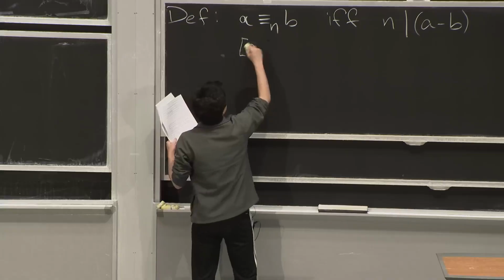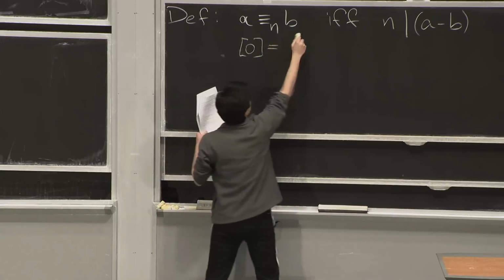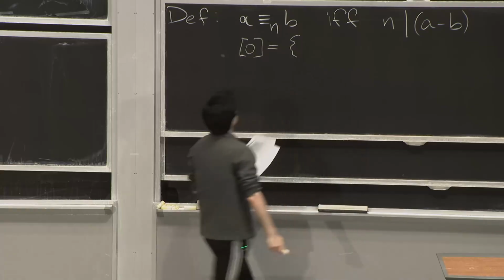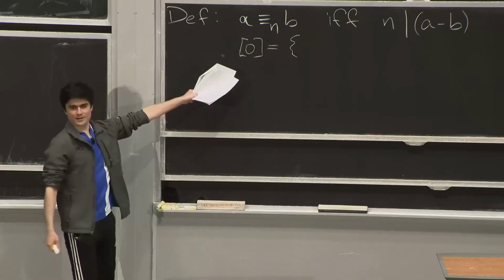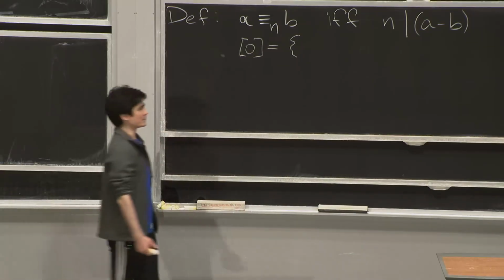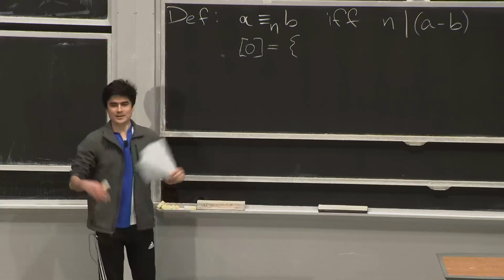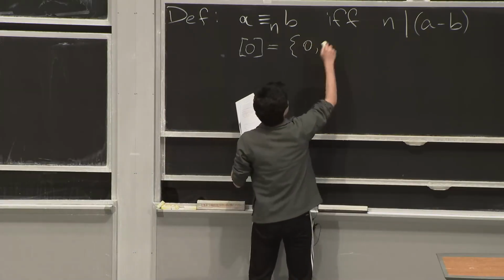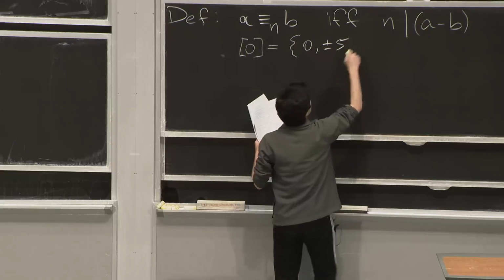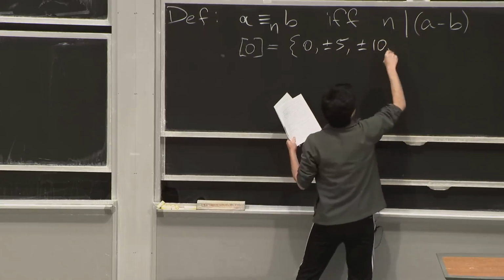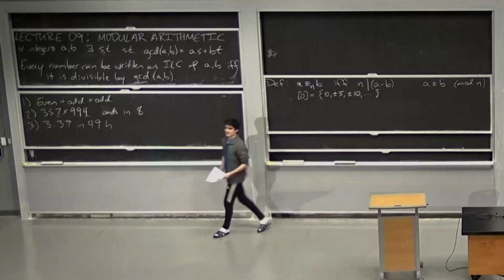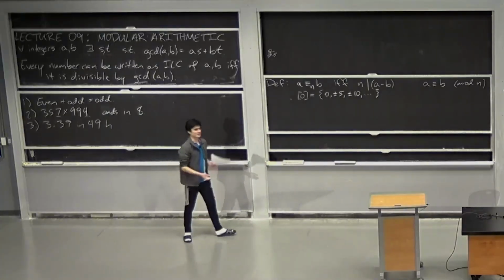So we're going to notate them like this. This is the congruence class of 0 modulo 5, so everything that's congruent to 0. This is going to be 0, plus or minus 5, plus or minus 10, etc. So that's one set of values that are the same.